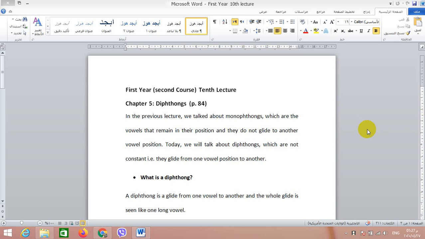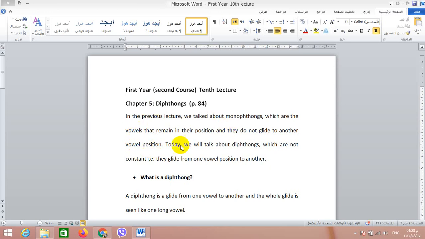So what is the difference between a monophthong and a diphthong? A monophthong remains in its position and does not glide to another vowel position. That's why sometimes it's called a fixed vowel, constant vowel. It remains in its position and there is no movement in the vowel.